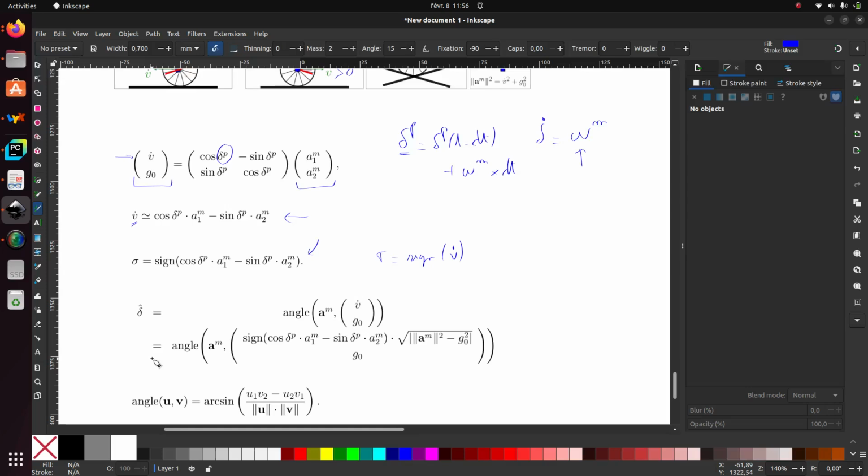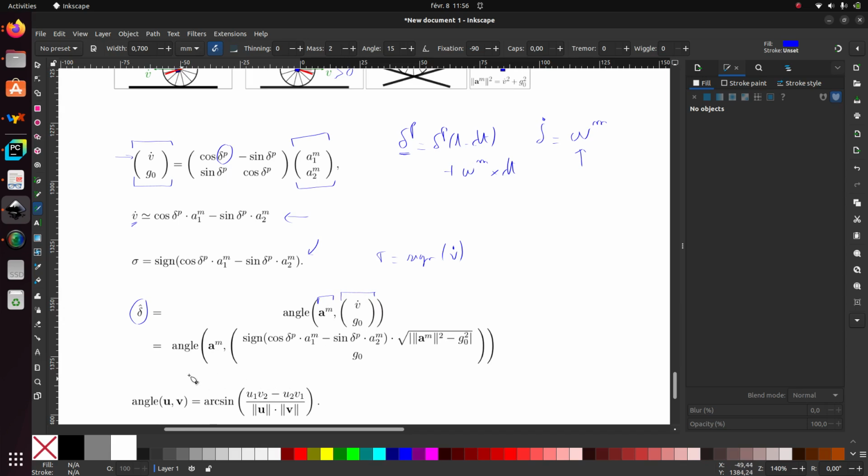So from this, I have now a relation between what I measure and what I have in the world frame, and the angle between the two will give me an approximation of delta. So delta is the angle between the acceleration I measure in the body frame and the acceleration I have in the world frame.